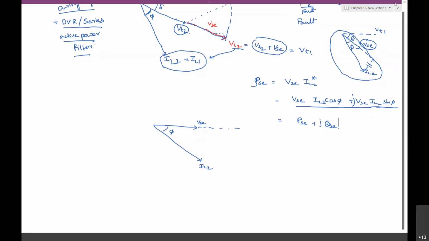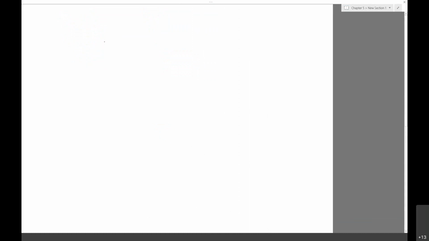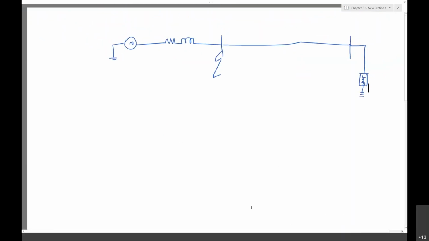So with this understanding of this particular equation, we have come to the conclusion that the series active power filter should have an energy storage device. See, as I was mentioning, a fault occurred on this particular device, and then we connected a device at this particular point to improve the VL voltage, the load voltage.